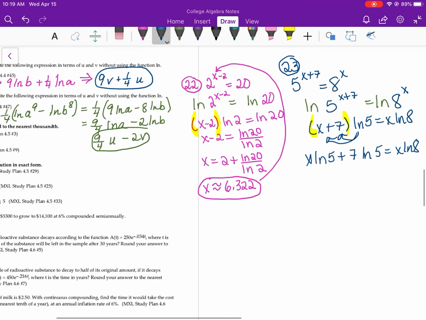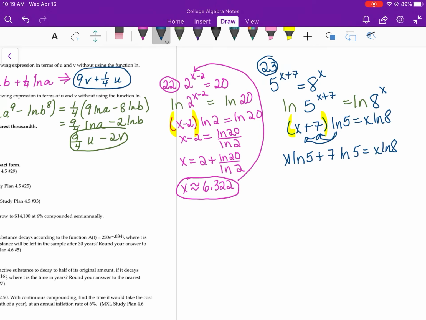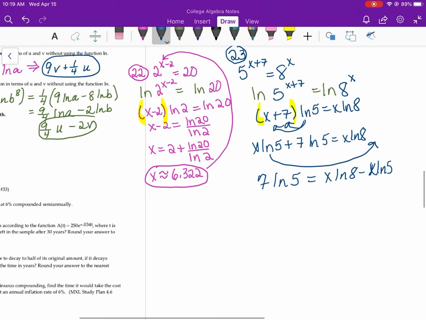All right, your goal is to solve for x, and the only way that's possible is for you to collect terms together that have x in them. So I'm going to switch things around just a little bit. I'm going to bring that term to that side. Okay.